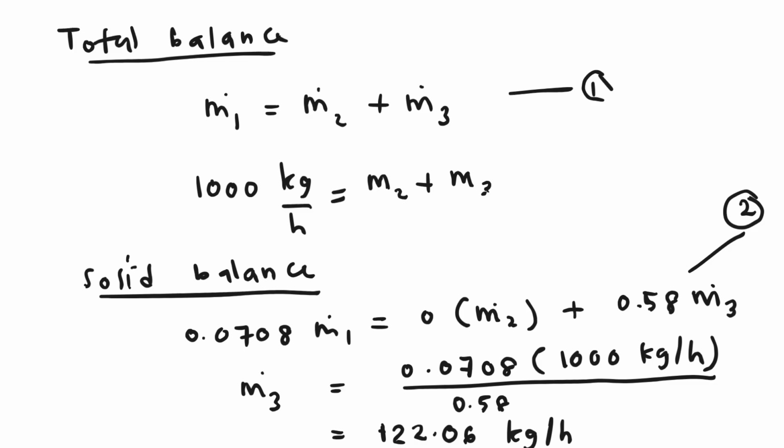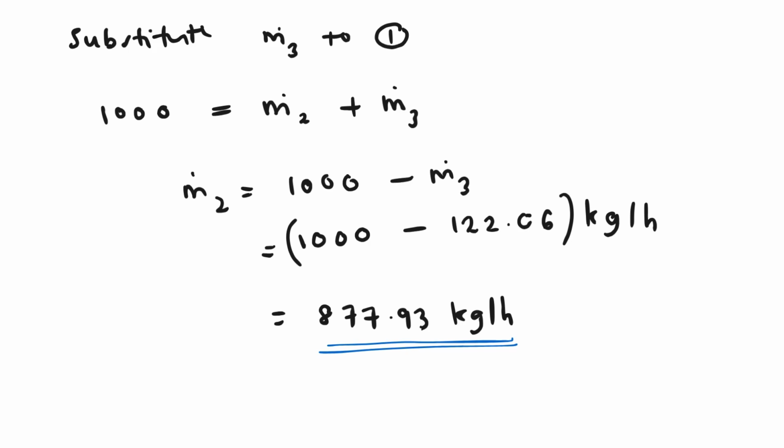Now, since we already solved for M3, we can substitute this M3 into equation 1, then we can solve for M2. At the end of our calculation, we solve for M2, which only contains water, 877.93 kilogram per hour.